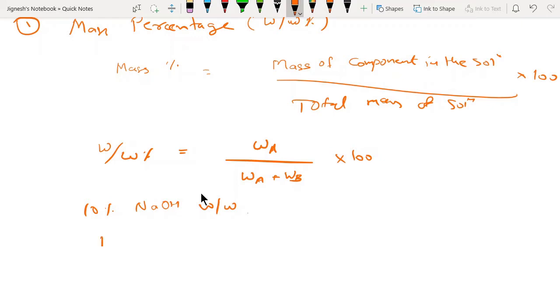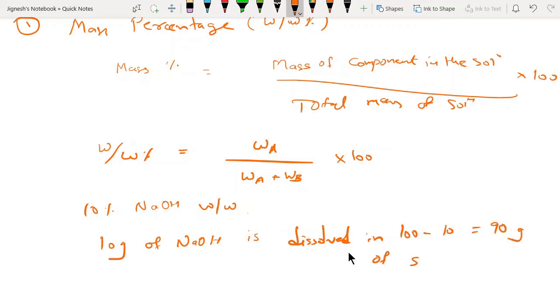It means that 10 gram of NaOH is dissolved in 100 minus 10, which is 90 gram of solvent. What will be the solvent over here? Here it will be water.